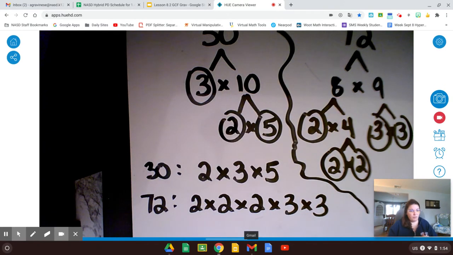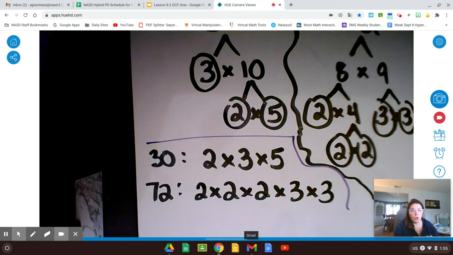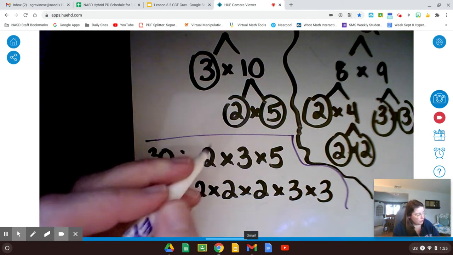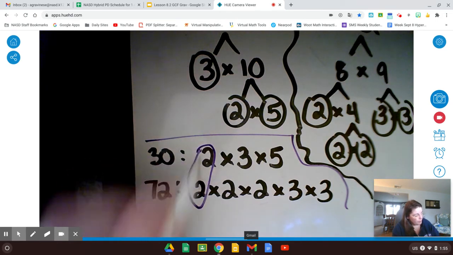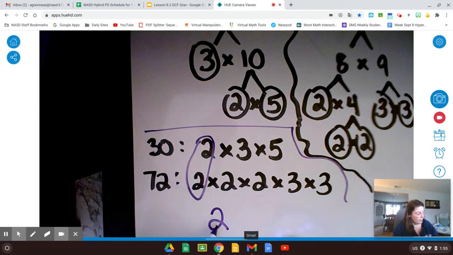So now that I have the prime factorization for both of my numbers, I want to find the primes in common. Now, what does 30 have listed that 72 also has? Well, 30 and 72 both have a 2. Notice I only write it one time.